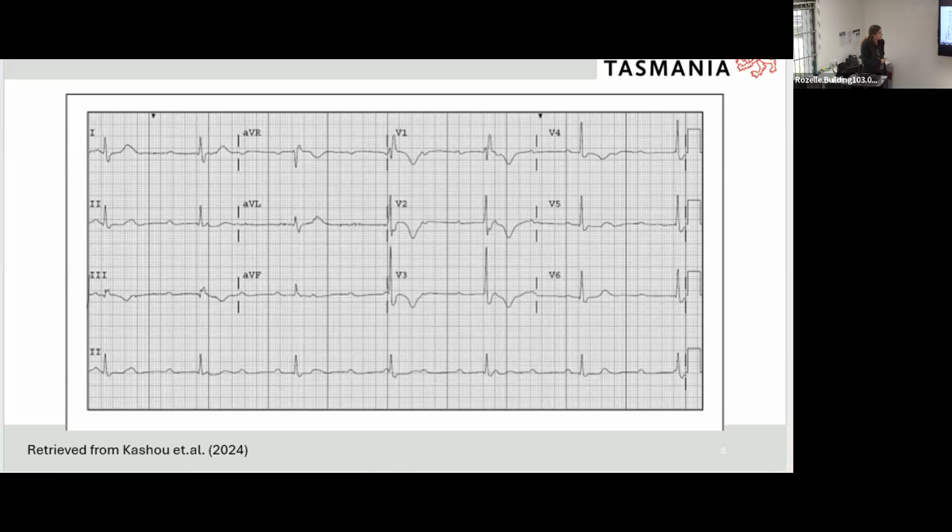V4 and 5, yeah, I would agree with that. V2 to 6 depressed, I think. I'm not sure if it's depressed in V2 to 6. I think it's pretty isoelectric in V2, but definitely V5, we're seeing some depression maybe in our J point.